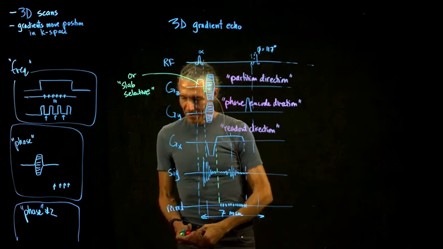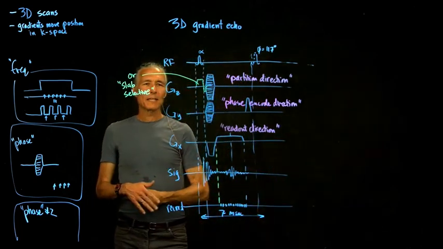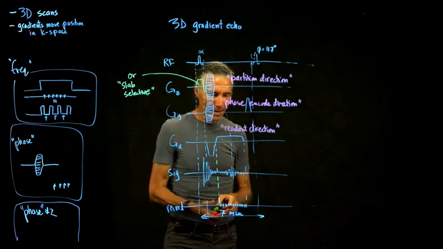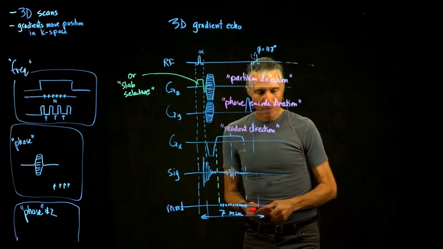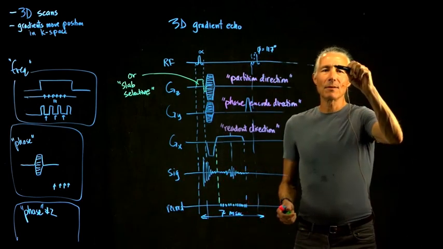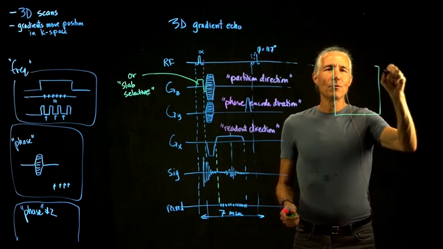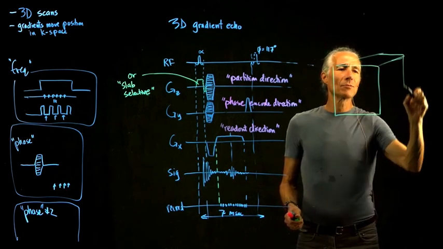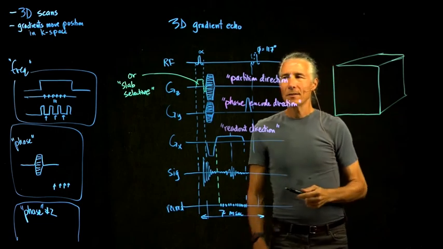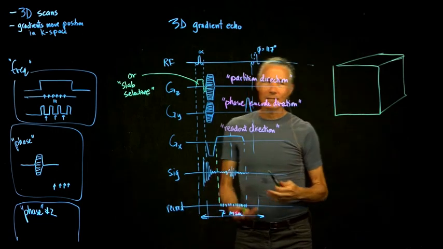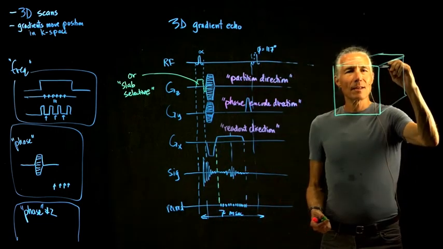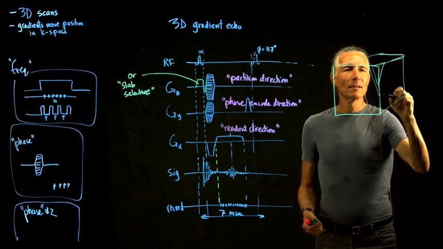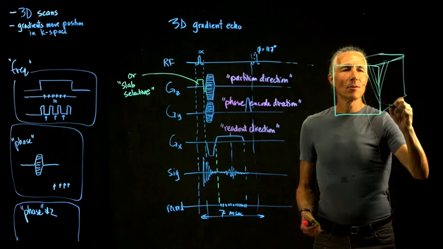So that's the basic 3D. What's actually going on in real space? Like I said, now you've got a cube of data. So instead of stamping stripes onto just a slice, you're stamping some arbitrary collection of stripes onto this whole cube.